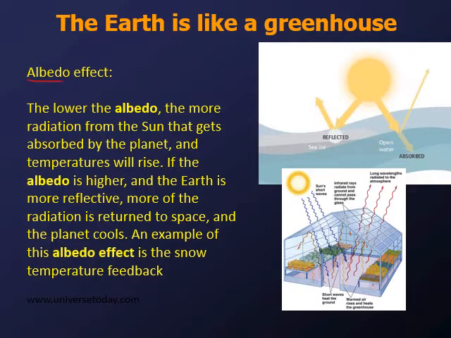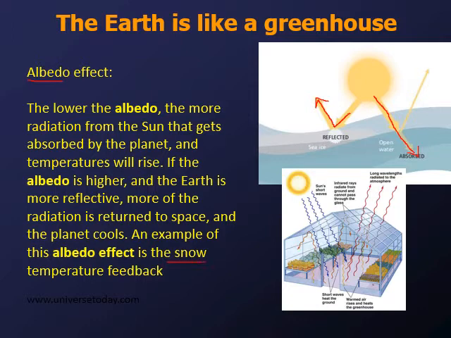So the lower the albedo, the more radiation from the sun that gets absorbed by the planet. If it has a higher albedo, it means it reflects more light. So in this picture here, some of the sunlight reflects off the exterior surface, some penetrates further and is absorbed. So reflection helps cool surfaces, right? So an example would be snow.